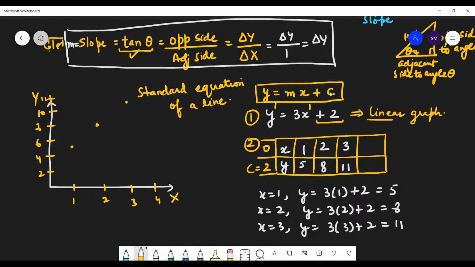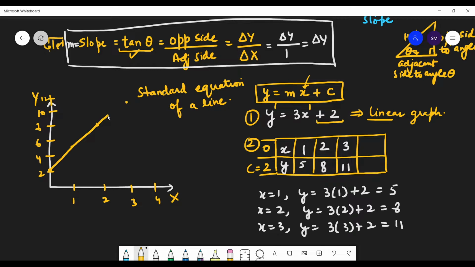So when do you get this constant? Y will be equals to constant when you put x equals to 0. So x equals to 0, y equals to 2. Constant.